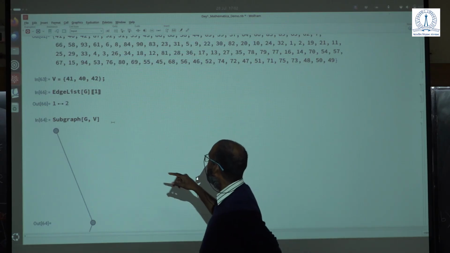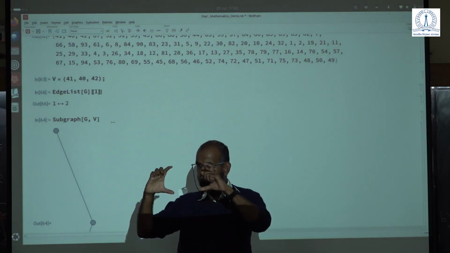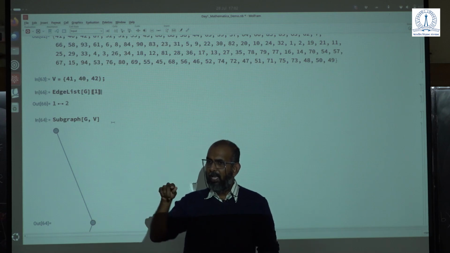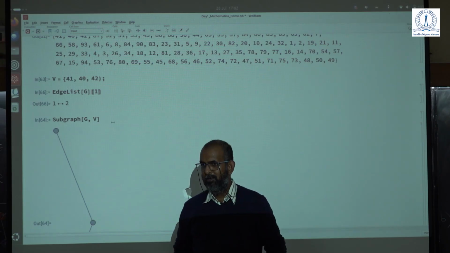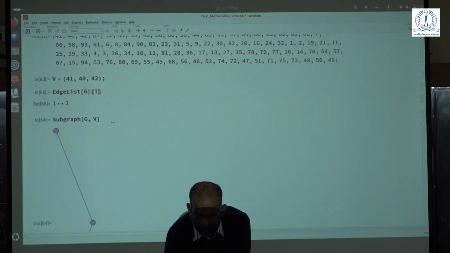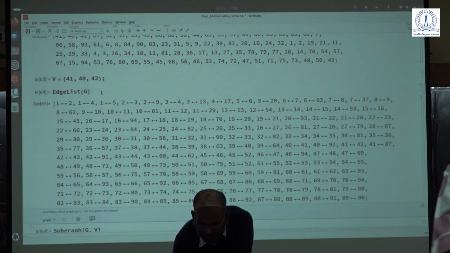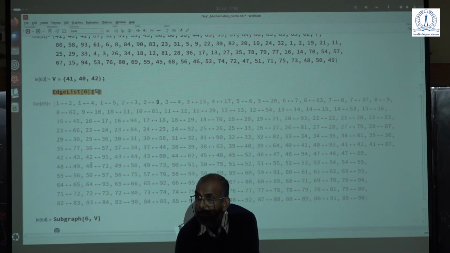Mathematica has this notation: because functions are evaluated with single brackets, if you want to pick the ith element of a list, you have to use double brackets. Just go to the first edge. If I do the fifth coordinate of the edge list, it should be 2, 9. Yeah.